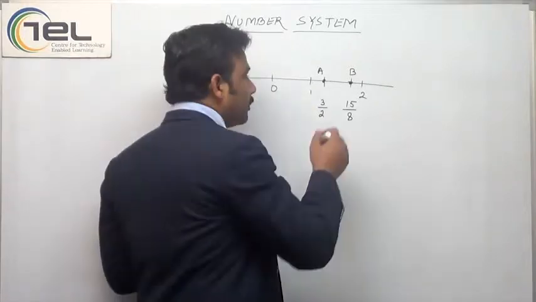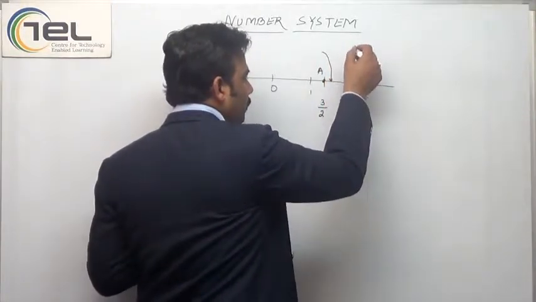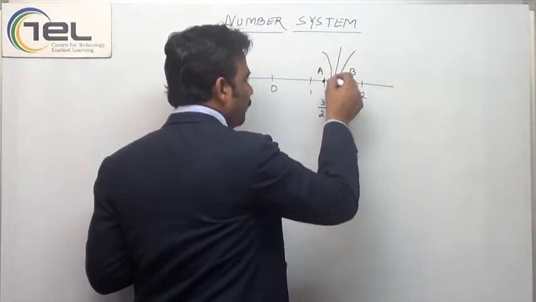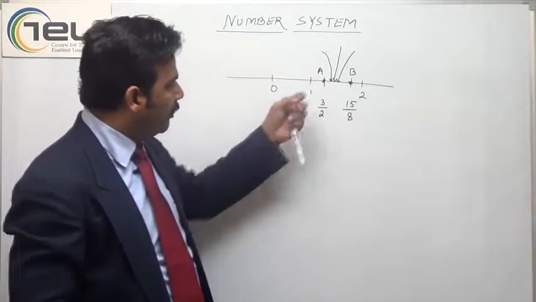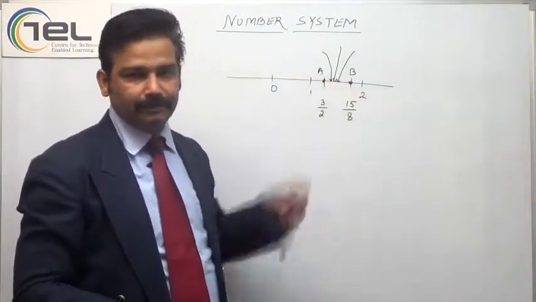Yes. The answer is yes. This is a number, this is a number, this is a number. How many rational numbers are possible between any two rational numbers?